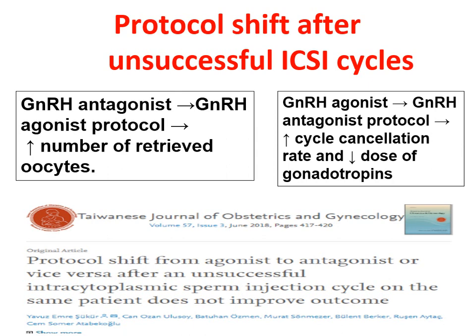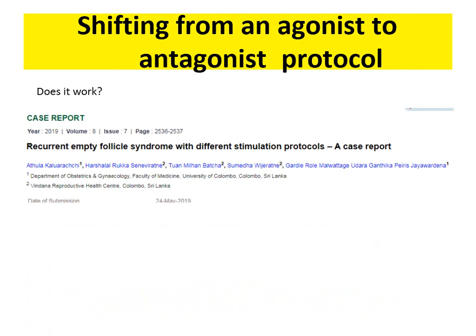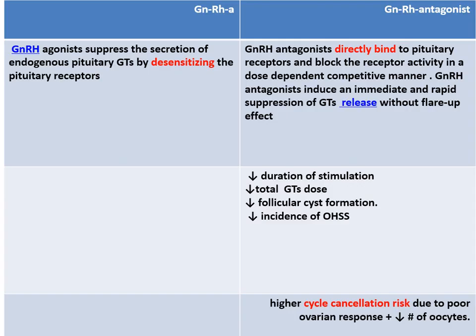We ask the patient, or we look for the report with the patient. She received GnRH antagonist protocol. Okay, I'll start GnRH agonist and vice versa. This has been proved to be ineffective and not recommended. Also, another case report did not find improvement of the state of empty follicle syndrome despite trials with changing the protocols.